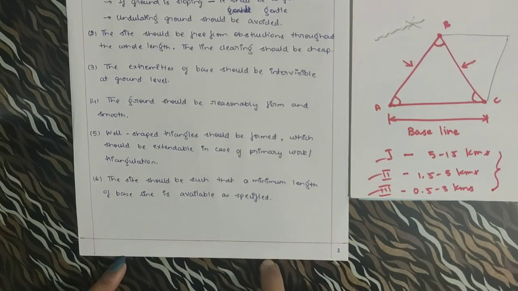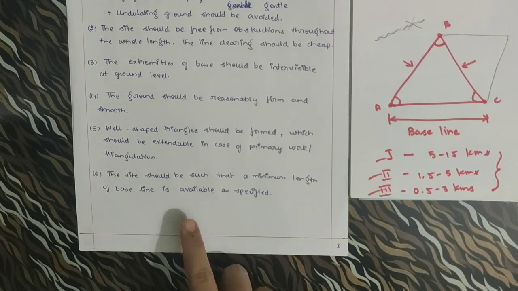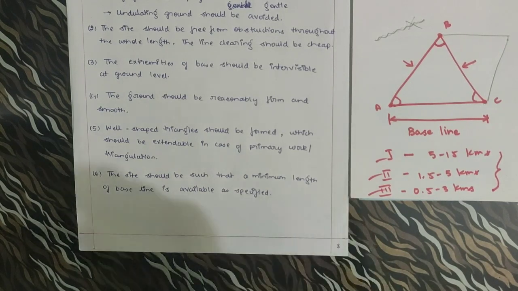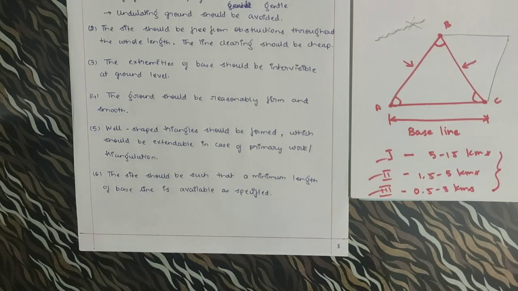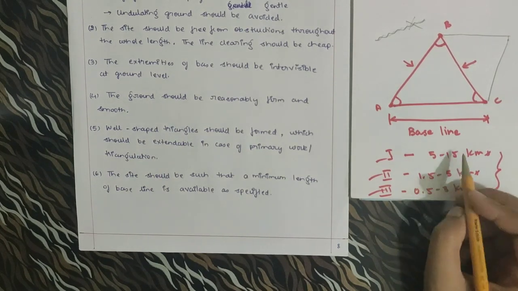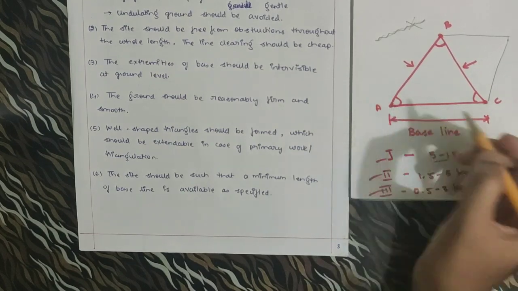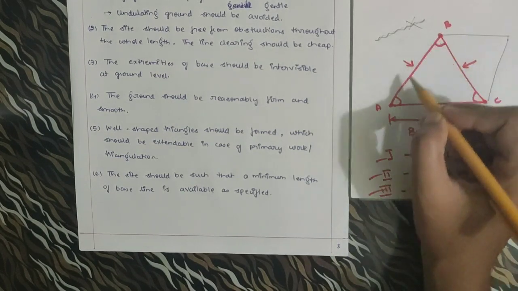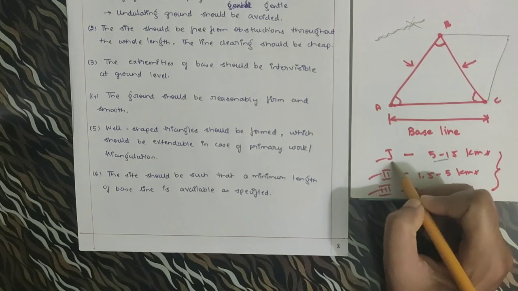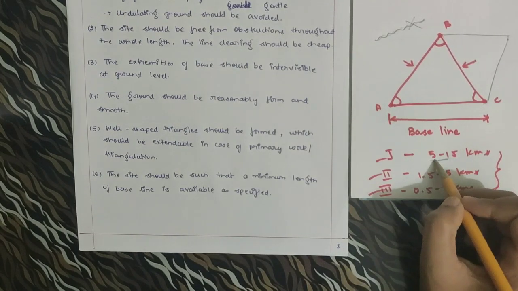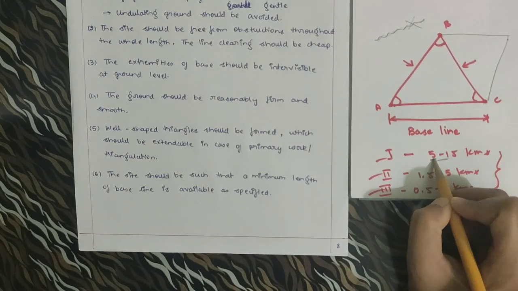Then coming to the sixth point, the site should be such that the minimum length of baseline is available as specified. If you are carrying out the survey with first order triangulation, your minimum length of baseline should be 5 kilometers.